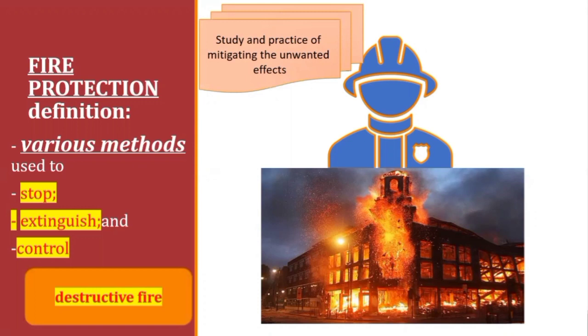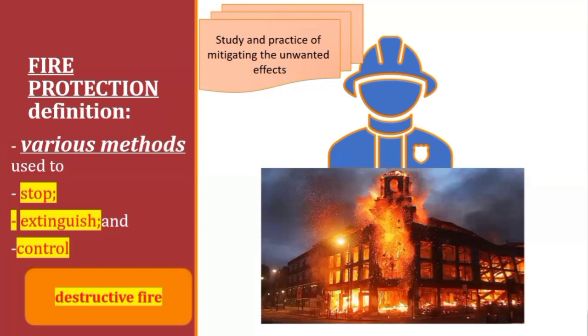It causes damage already, but as much as possible, we don't allow it to propagate, which may result in a bigger destruction or may cause loss of life and loss of more properties.